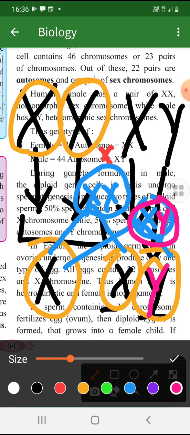So who is responsible for the sex of a child? It is obviously the father, because father can only donate Y. So in humans, male is responsible for the sex of the child.